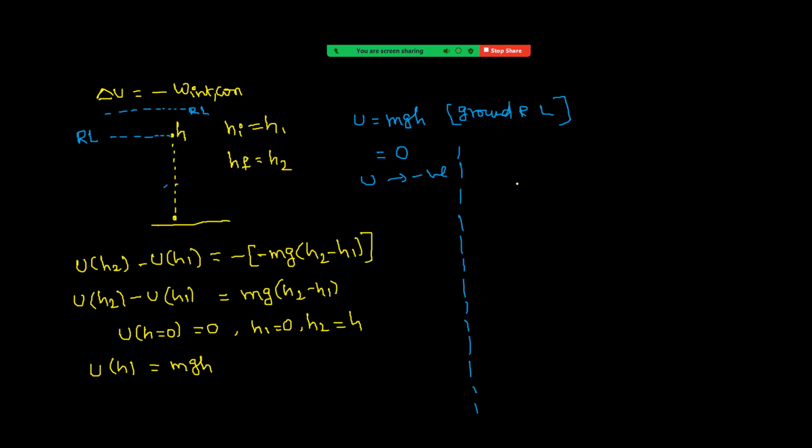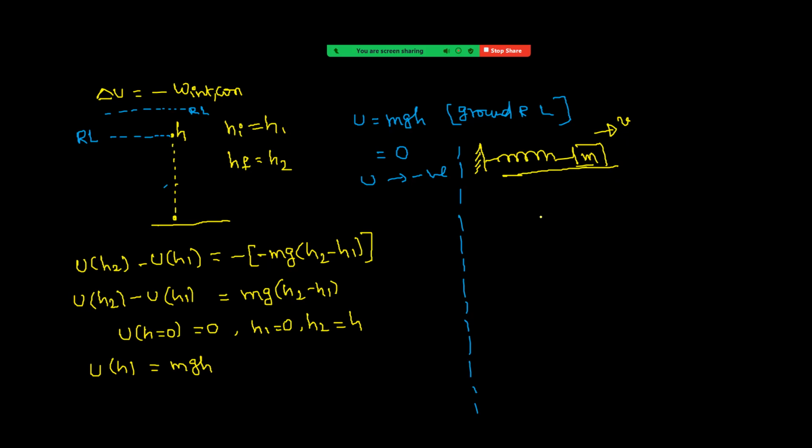Let us consider a block of mass m connected to a spring, on a smooth and horizontal surface. Initially, the spring was in its natural state, meaning no compression, no elongation. Suppose the block is given some velocity to the right side. Then the block starts moving and the spring will elongate. So the block keeps moving like this.